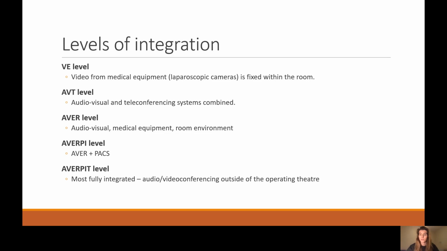This means patient investigation results, so X-rays, CTs, blood results, can be viewed on displays in theatre at the time of operation. And then finally, AVER-PIT level includes telemedicine, which connects the theatre system to the outside world. Conference rooms or lecture theatres around the world, or even just down the street, can see what's going on, which is greatly beneficial in terms of teaching and then consulting other colleagues on certain difficult cases.